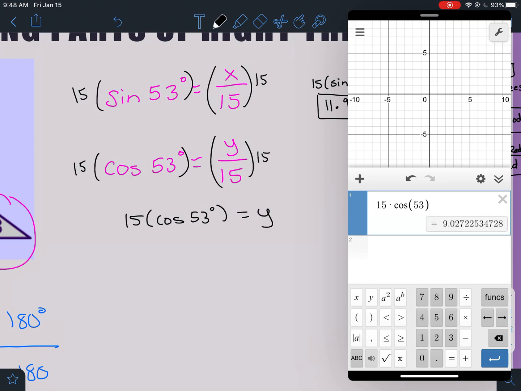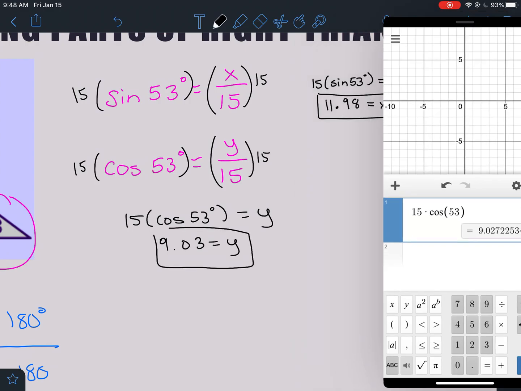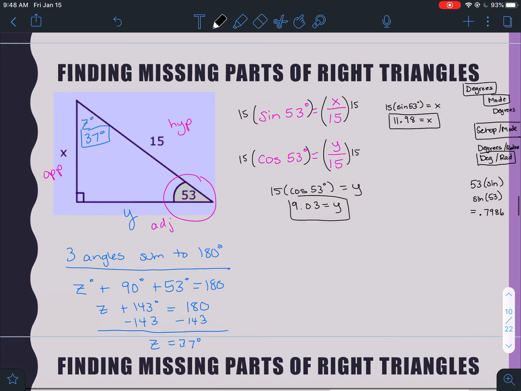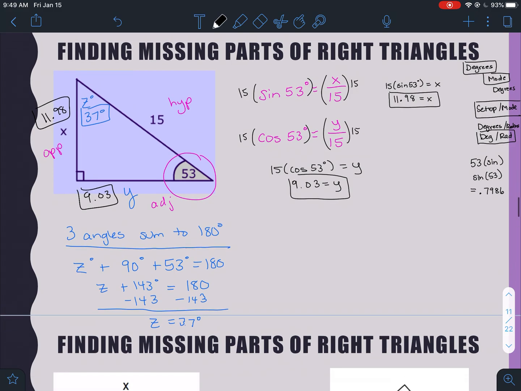And we get y is equal to 9.027. So we'll just do 9.03 is equal to y. So that missing side is going to be 9.03. So x is going to be 11.98, and y is going to be 9.03. And those are approximations because I rounded them, but those would be my missing two sides.